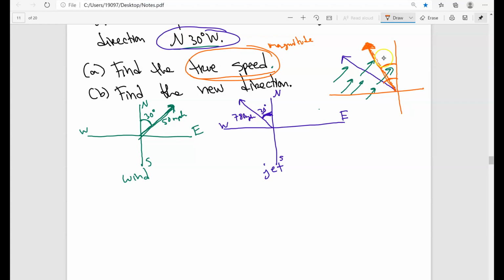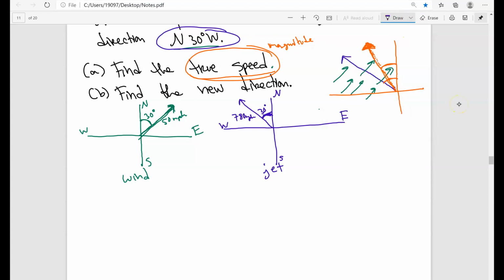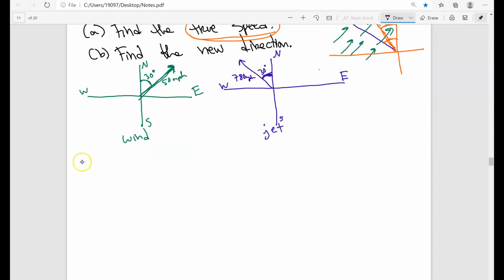So orange is the sum of the purple vector, which is the jet, and the green vector, which is the wind. Now let's figure out the components for the wind and the jet vector. Now we're going to do part A, now that we have an idea of what we're doing. Let's start off with the wind.